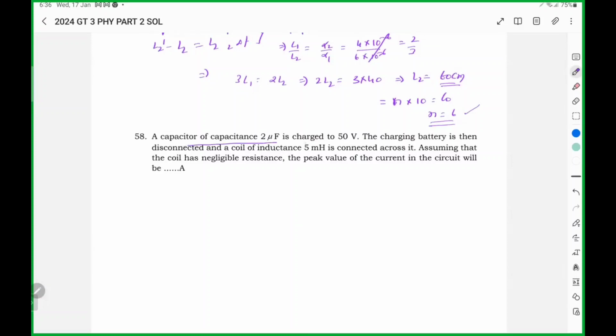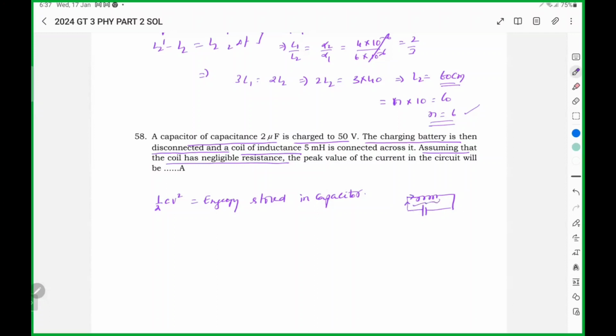A capacitor of capacitance is charged. The charging battery is disconnected. Even though the battery is disconnected, the energy is stored in the capacitor. So assume that the coil has negligible resistance and is connected, and now charge passes through this.